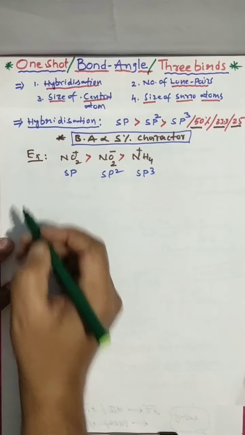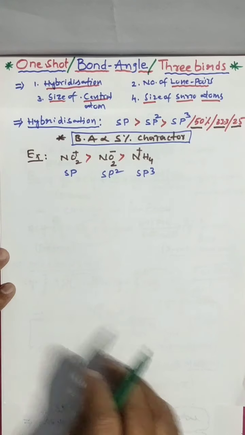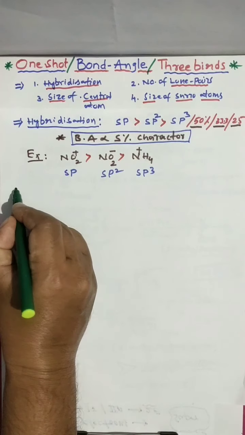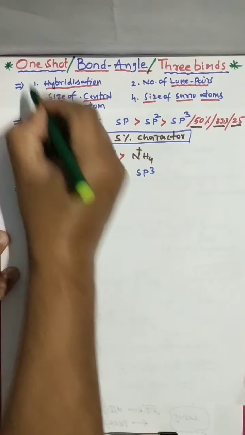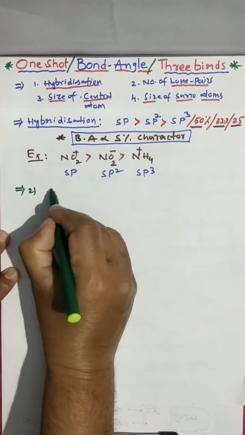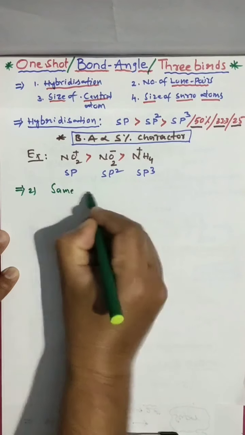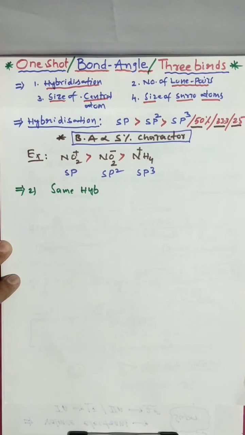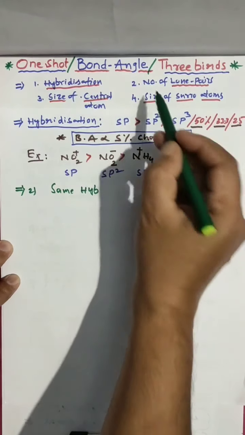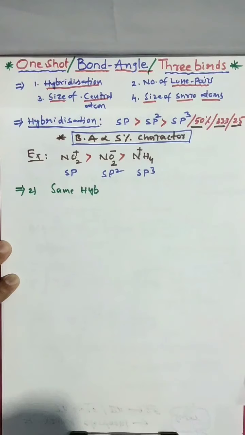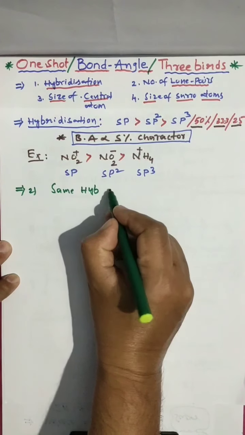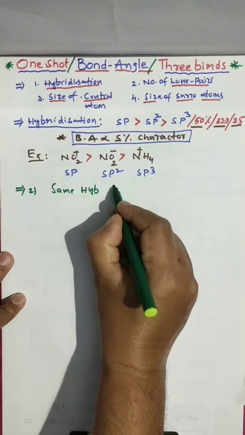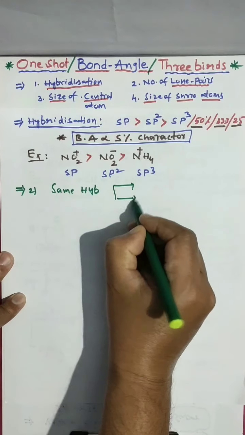Next, condition number 2: if hybridization is the same. Then what do we have to look into? Then we have to go for number of lone pairs. And for number of lone pairs, again 2 conditions we have.